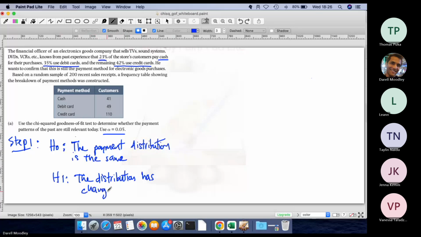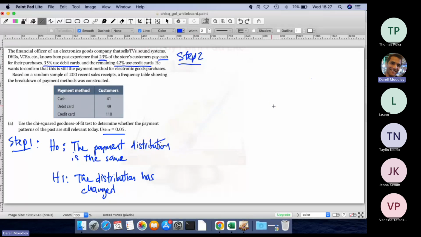And that's step one done. You don't need to say whether it's a two-tailed test because for chi-squared tests, as I said in the previous session, it's always an upper tail test. All right. So let's move to step two. Step two is to find the rejection region. All right. So let's draw the chi-square graph. Let's sketch it here.